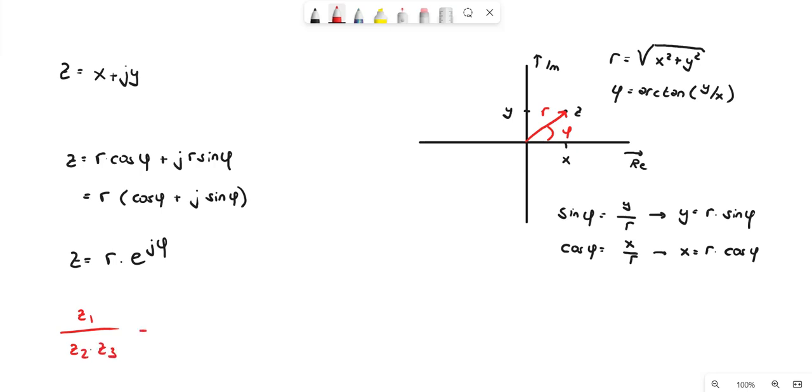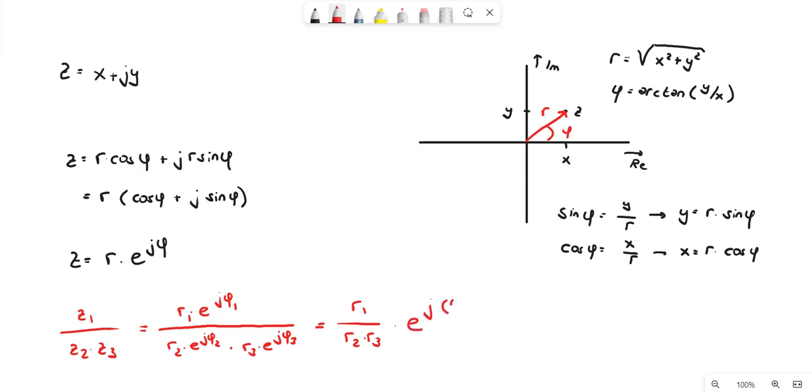When we use the Euler notation, we get r1 times e to the power j phi1 divided by r2 times e to the power j phi2 times r3 times e to the power j phi3, which is r1 over r2 times r3 times e to the power j phi1 minus phi2 minus phi3.